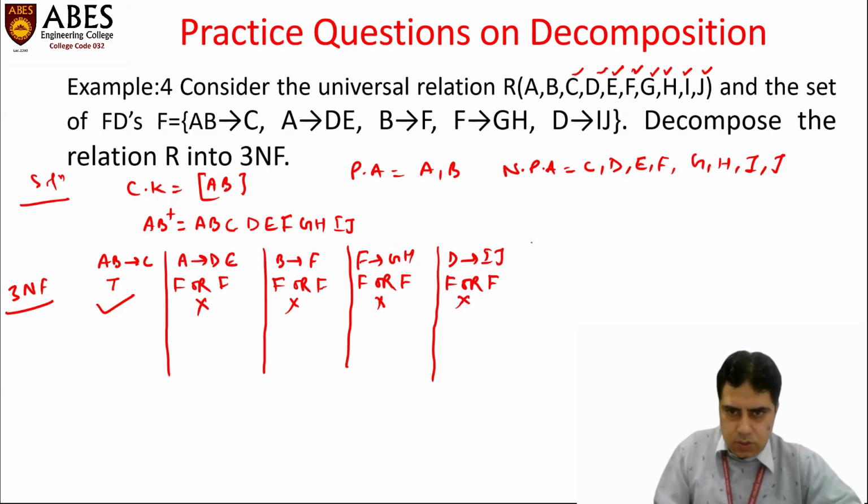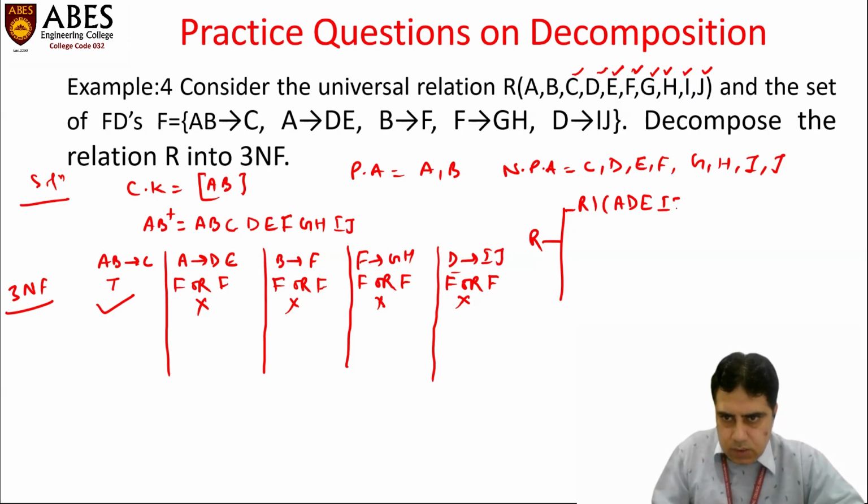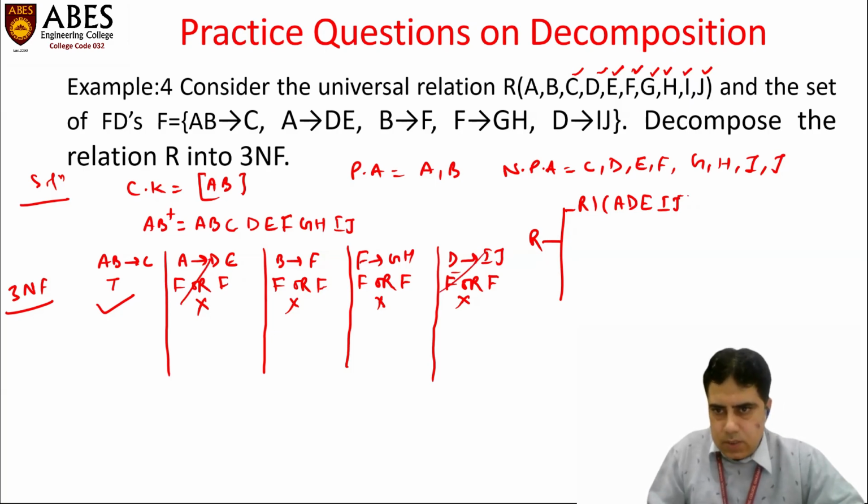R is a relation and we decompose it. This is in 3NF, so let us start from ADE. From A we get ADE, and from D, D determines IJ, so DIJ. Further, there are no other functional dependencies.